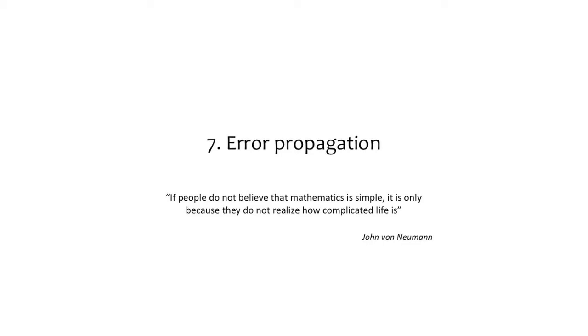And I will start with a quote from John von Neumann. If people do not believe that mathematics is simple, it is only because they do not realize how complicated life is. And that comes from John von Neumann, a man who was a brilliant mathematician, very, very scarily brilliant. One of his lecturers, when he was at university in Zurich, was doing a seminar for advanced students.